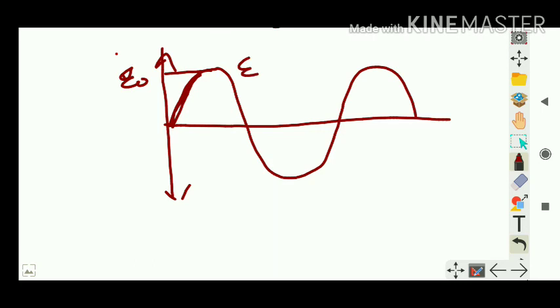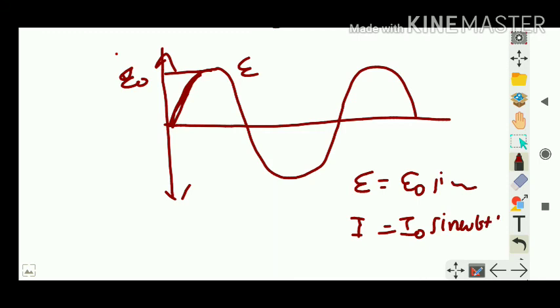Now the current is such that it is leading. What was the equation? E was E naught sine omega t, whereas current was I naught sine omega t plus 90. That is, before the EMF comes, the current has already come. See, the EMF is now here, at the peak.